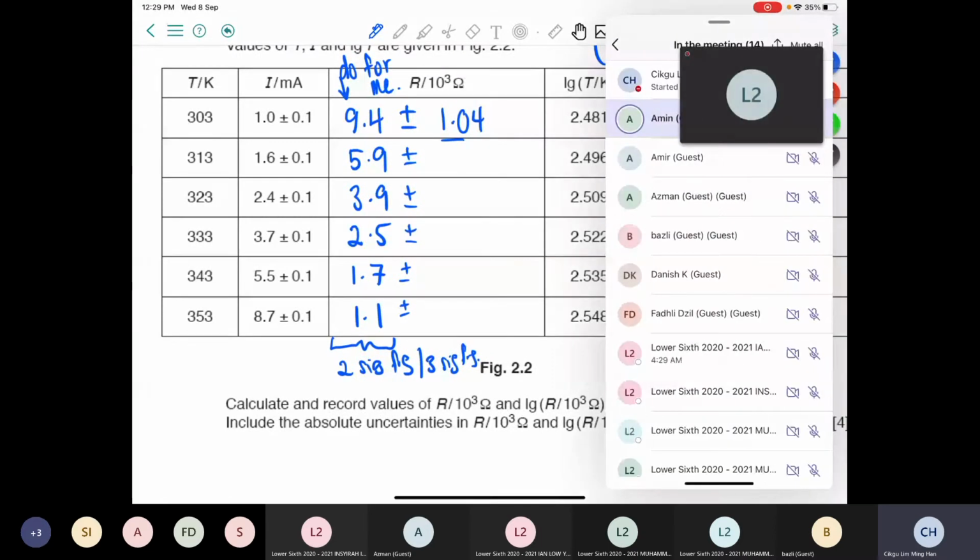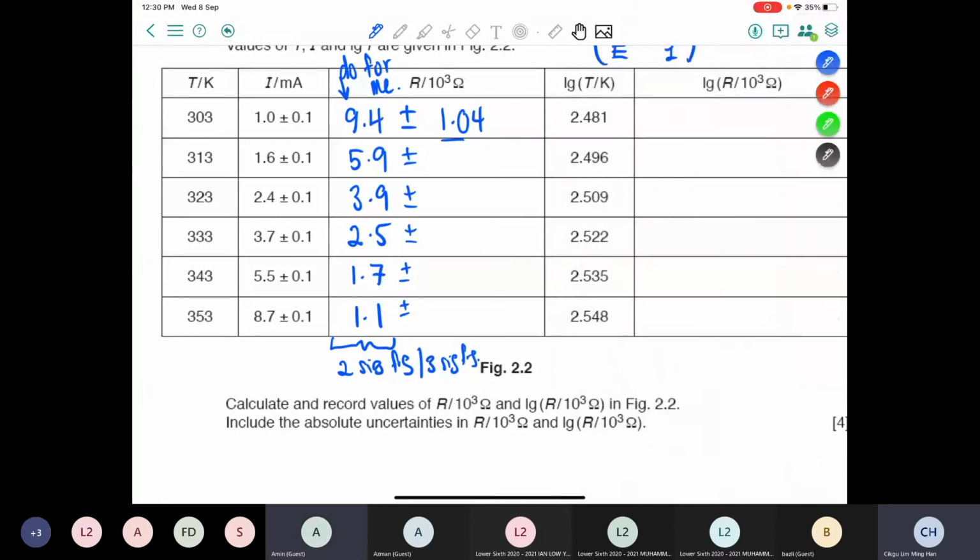Amin, can you tell me the value? Second column, second row. The 313 one is 0.424. Okay. Next, 0.205. 0.0956.